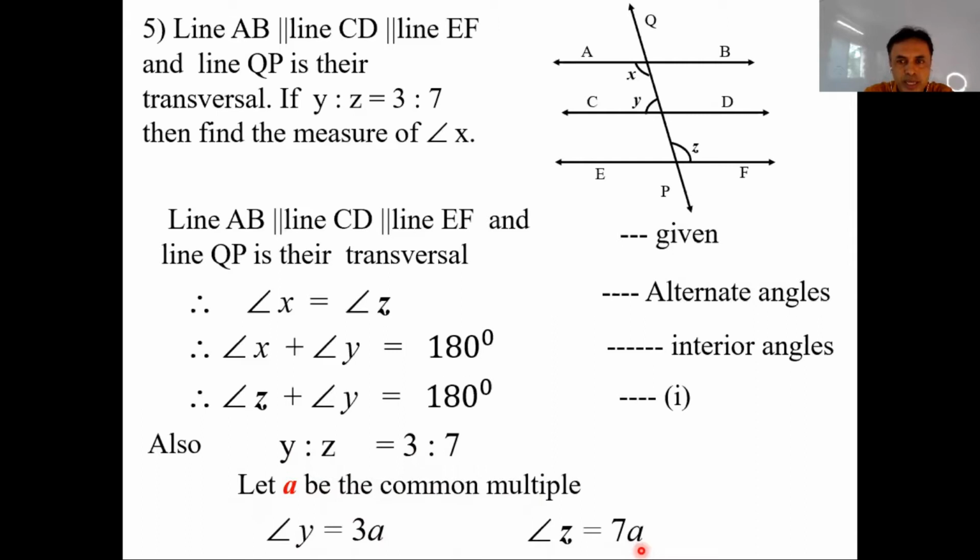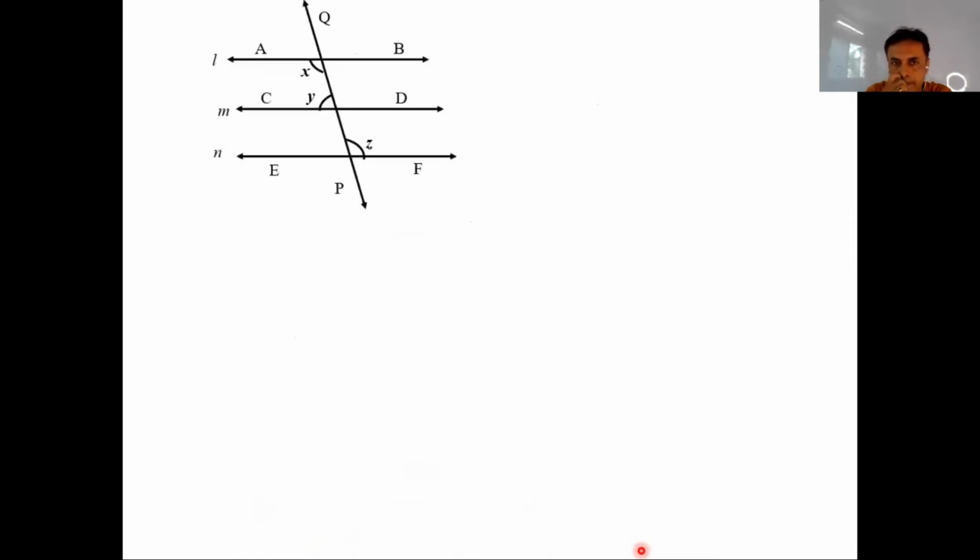Now coming to the next part, as per your diagram. We have created one equation, that is angle Z plus angle Y is equal to 180, that is equation 1. Now putting the value of angle Z and angle Y from the multiplying factor modification, angle Z is 7A and Y is 3A.